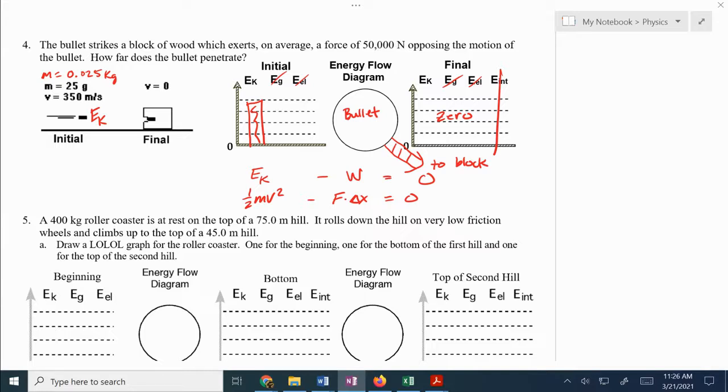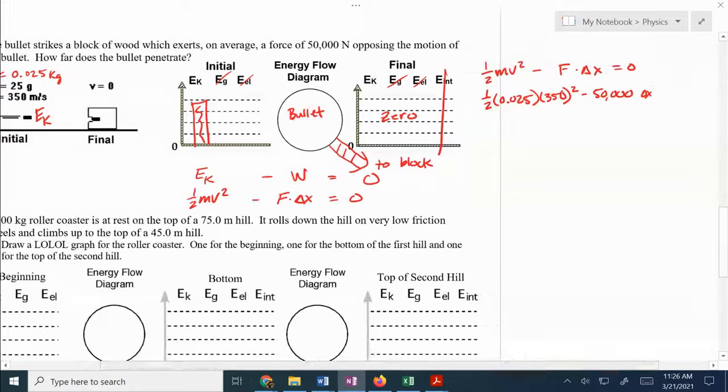So continuing on, plugging in the numbers: 1/2 the mass, which is 0.025, times the velocity, which is 350, squared, minus the force, which is 50,000, sorry, times delta x, equals 0.